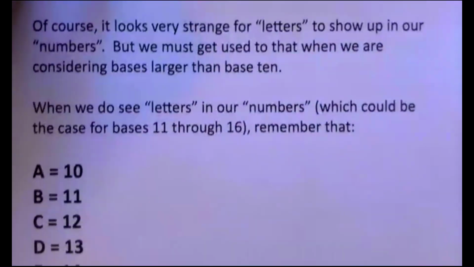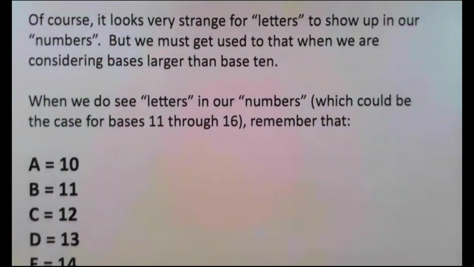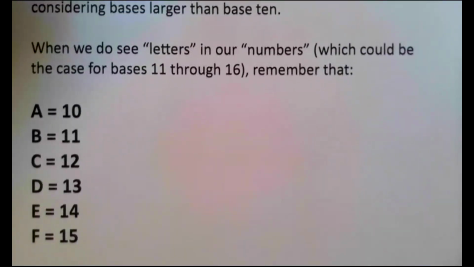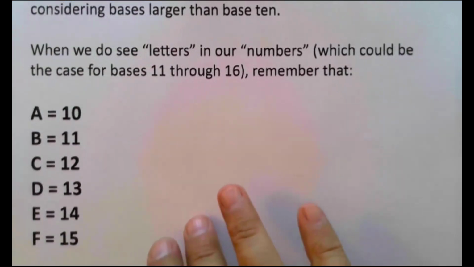It's just repeating what we just saw, talking about how letters show up occasionally once we get past base 10, and specifically telling you what those letters are representing. So we already talked about that, but I may pull those up as we go.